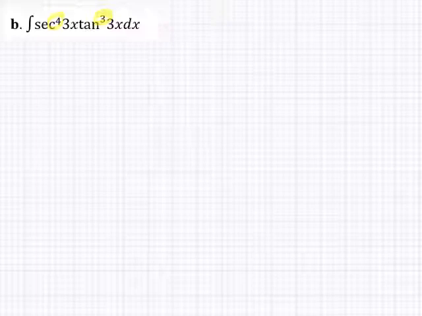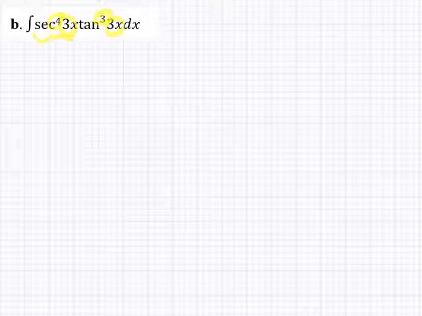Since we just did a tan to an odd positive, we'll focus on the fact that secant is to an even positive power. Also notice that I have a 3x here and here. There's not much concern there. It changes things a little bit, the 3 is just going to be involved throughout our problem, but it doesn't really make the problem all that much harder.